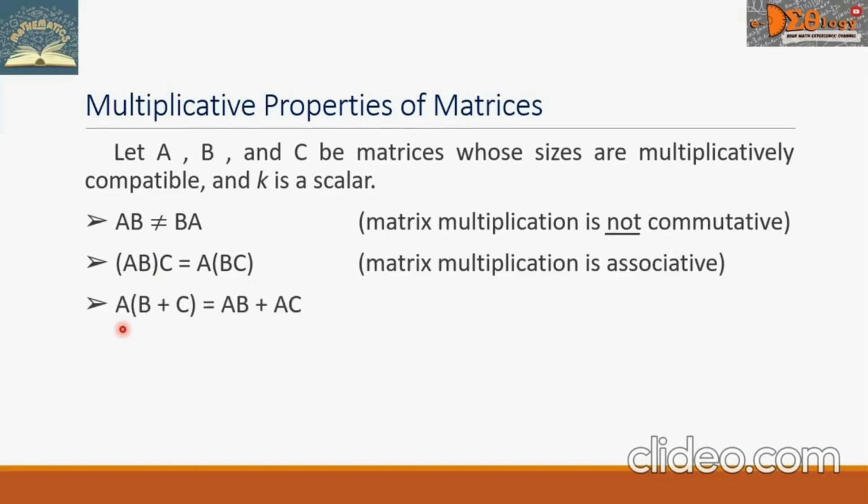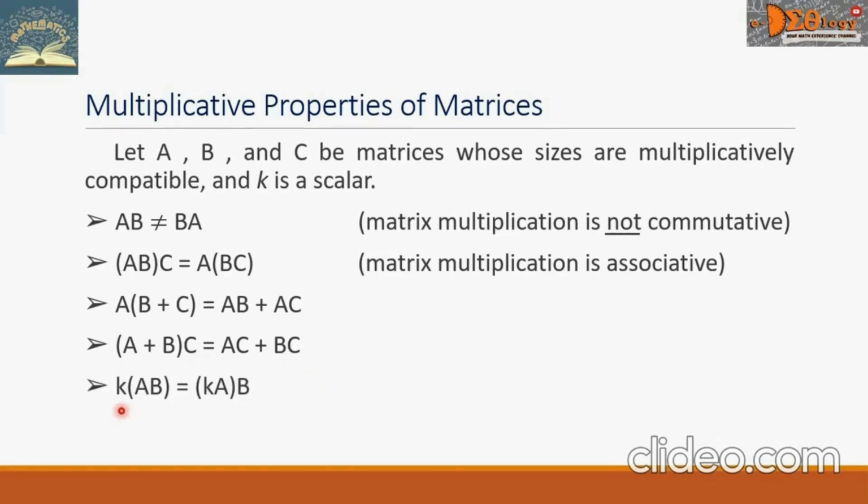Third property, A times the sum of matrices B plus C is equal to the product AB plus the product AC. Property number 4, the sum A plus B multiplied by matrix C is equal to product AC plus product BC.